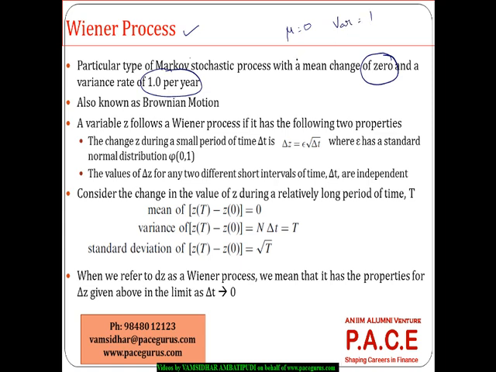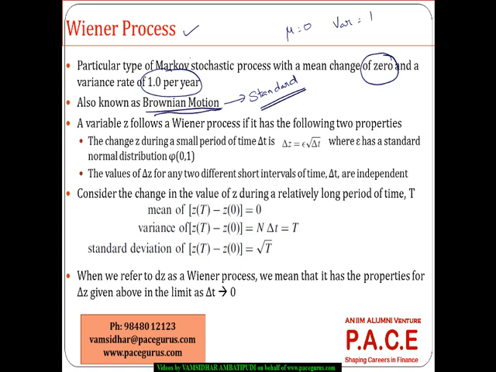Any variable where the change follows a standard normal distribution, and which has the Markov property as well, we call a Wiener process. It's also called a standard Brownian motion.